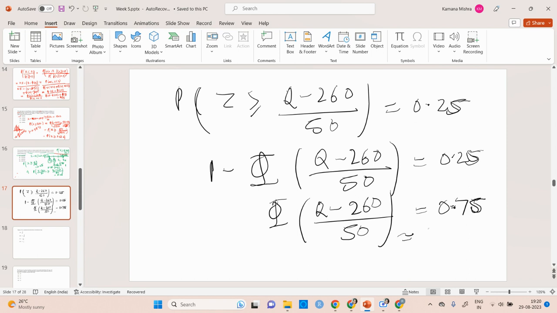Now we want to find at which value of z it is 0.75.